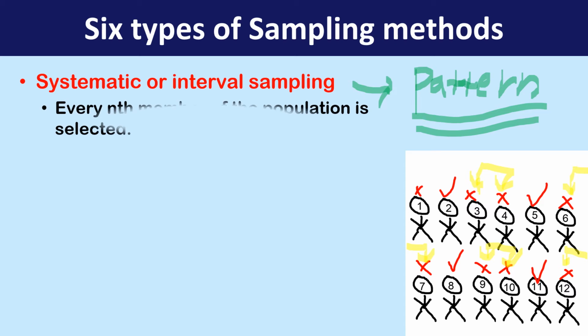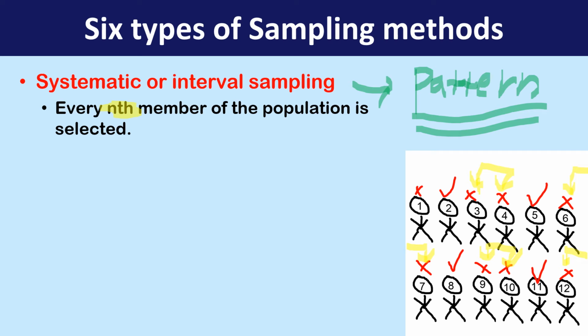So here's a definition. Every nth member of the population is selected. What I mean by that is, it can be every 3rd member, every 5th member, something like that.